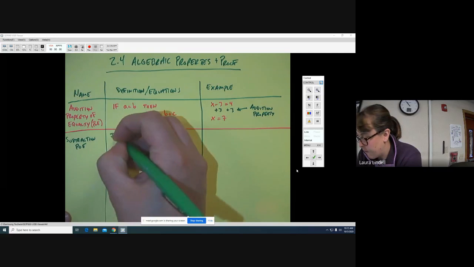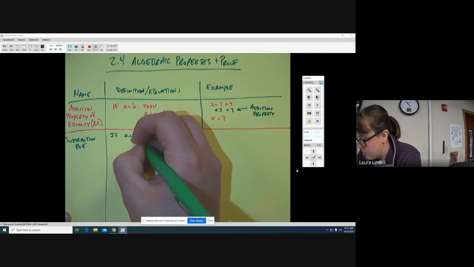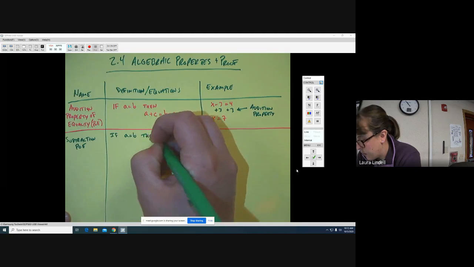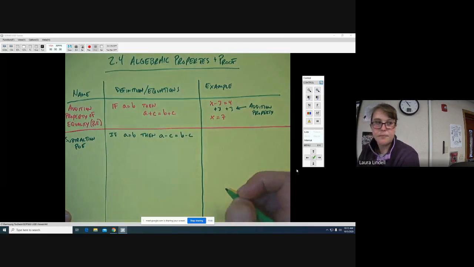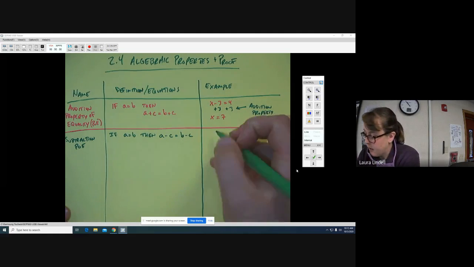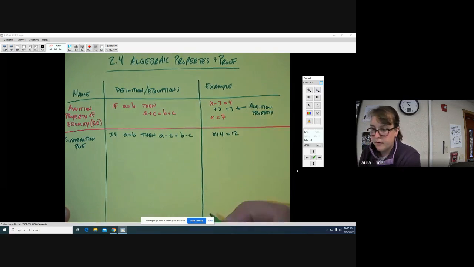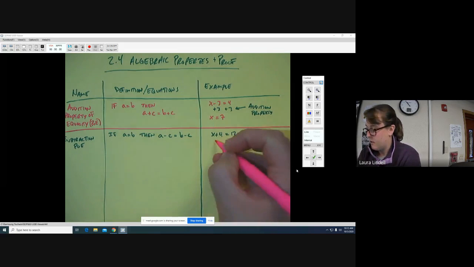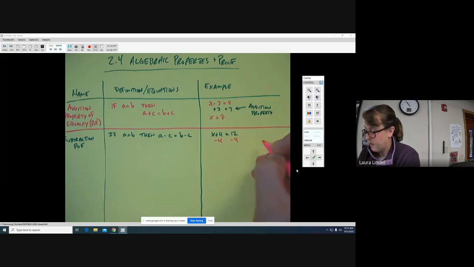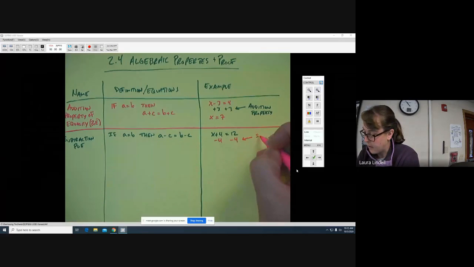We have if A equals B, then A minus C equals B minus C. And so our example is going to go very similarly. If we have x plus 4 equals 12, well, how would I solve that? Just subtract 4 on both sides. And that subtracting 4 on both sides of the equation is the subtraction property at work.